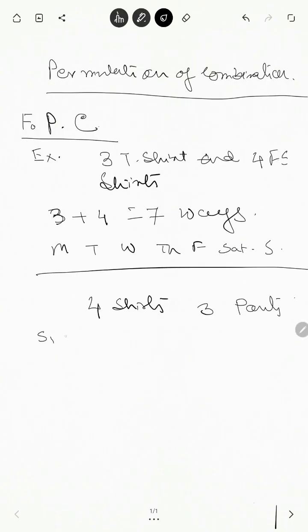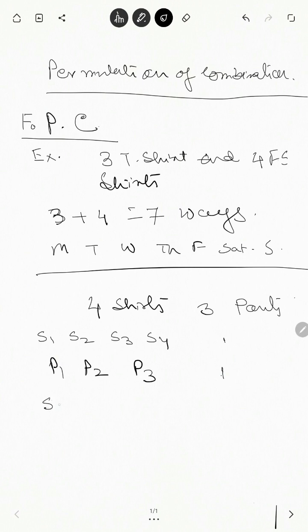Shirt number 1, 2, 3, 4. Pant number 1, 2, 3. Now, for shirt, you have to select 1 out of 4. And pant also, 1 out of 3. So now, let us make the pairs.